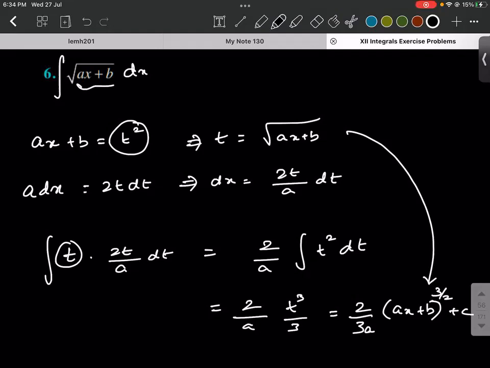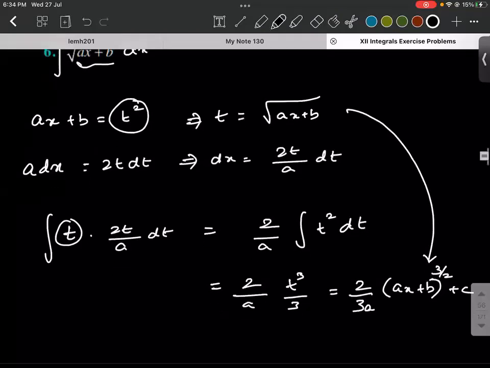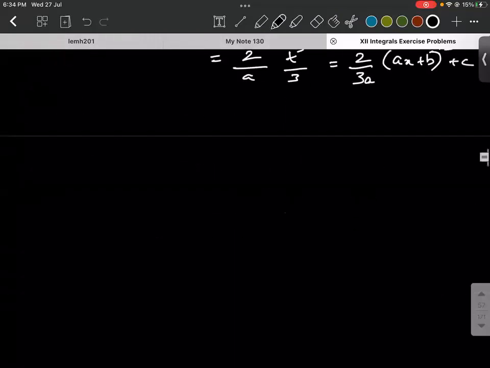Actually, you can do this problem directly also. You need not go with the substitution method, because I can write this as ax plus b the whole power half dx. This is a simple algebraic function. So I can write x power n plus 1 by n plus 1.